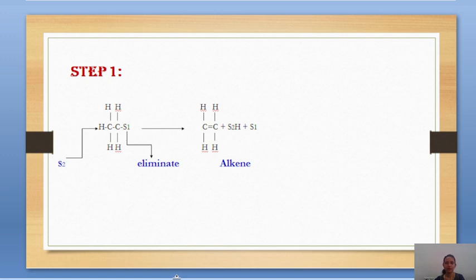One substituent eliminates from the organic compound and the other substituent attacks the organic compound, so ultimately they form an alkene. I hope you understood this mechanism very nicely. This is a very simple reaction but very important for organic chemistry, and its mechanism is also very simple.